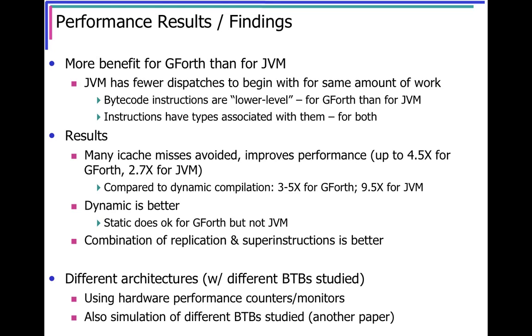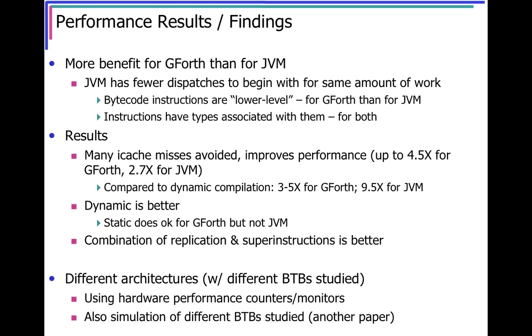In general, what they find is that the combination of replication and super instructions does the best. They find more benefit for Gforth than for the JVM, and that is because Gforth is a lower level language in bytecode. That means that the JVM has fewer dispatches to begin with for the same amount of work as Gforth.